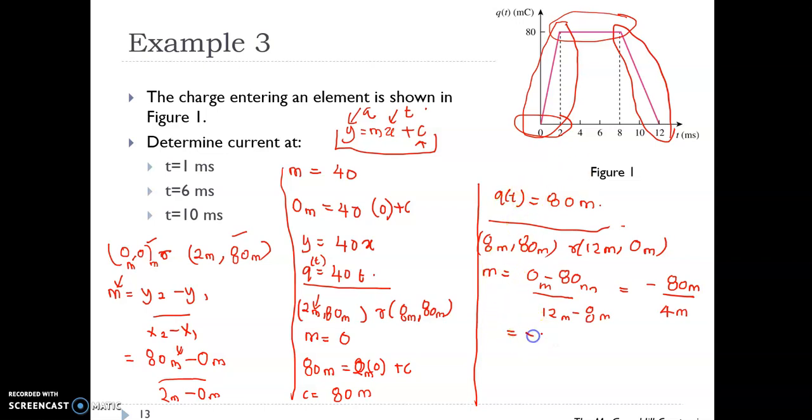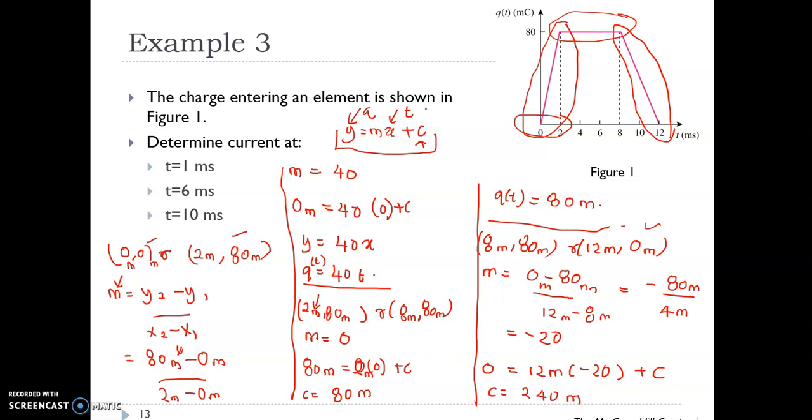Okay, so minus 20. Next, find the c value. I think this one will be easier. So to find c, 0 is equals to 12m times minus 20 plus c. So 12m times 20 is 240. So if you carry to this side, c is equals to 240m.